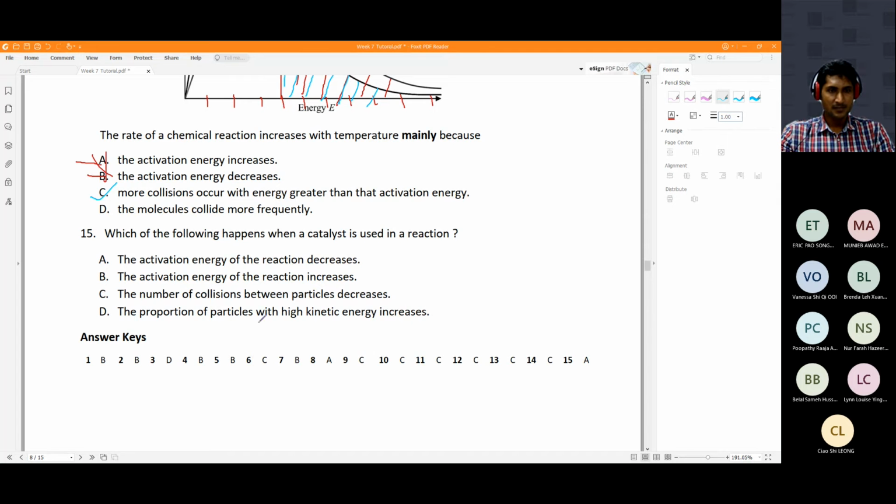Which one? Activation energy cannot increase or decrease, so technically both are factually incorrect. But again, there is no better answer than this, so A will be correct in that way. Actually, the catalyst provides an alternative path to overcome this high activation energy.